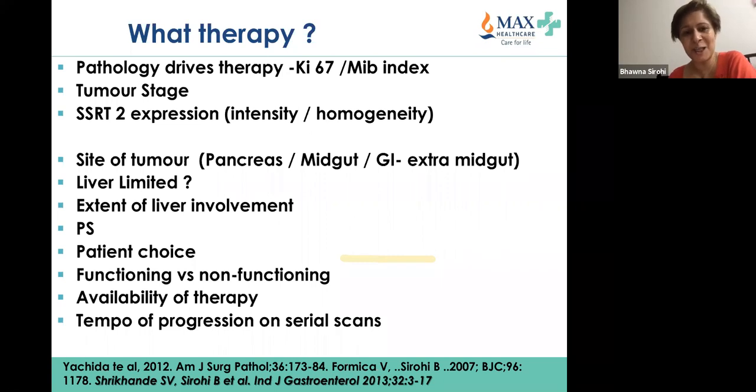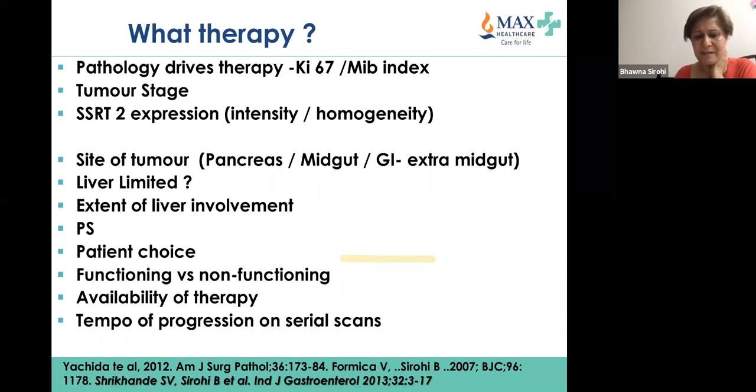And then when I looked at his notes, he had been on follow-up for 1 year, almost 1.5 years actually, because in the first year he was having 3 monthly scans. And then the frequency of scans was changed to 4 monthly. So even though the scan may look quite bad and scary, the patient had a low-grade neuroendocrine tumor with a Ki67 of less than 2% and had been just on watch and wait and observation.